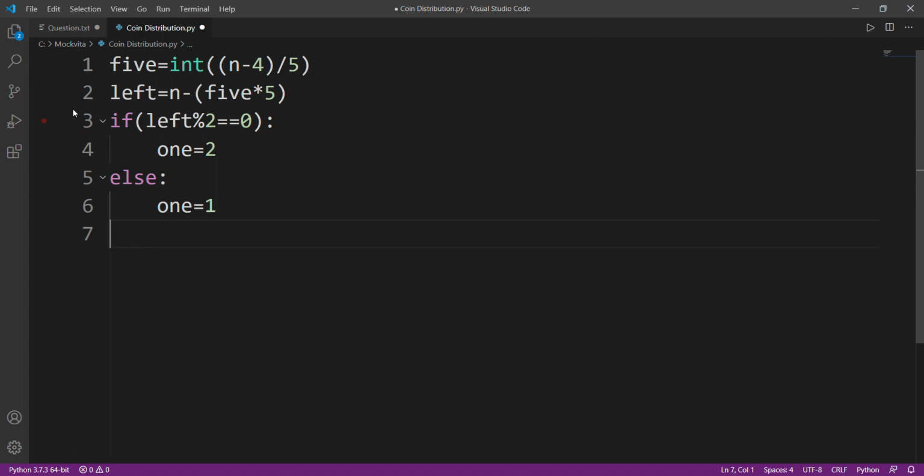Now we have how many ones we require. We also have how many 5s we require. Now let's solve how many 2s we require. Sorry for the confusion. Calculating 2 is the easiest part.